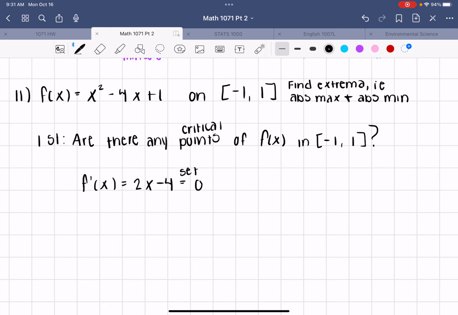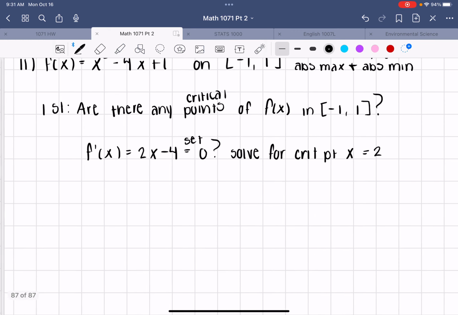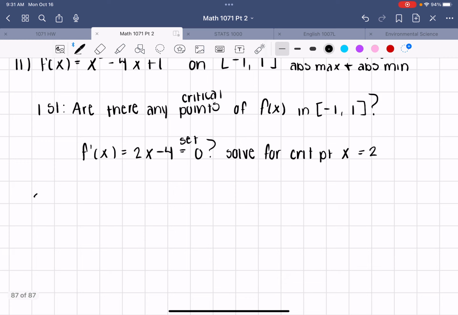Well, if I've done this right, my one critical point is not in the interval. So my only candidates are -1 and +1. And I want to find out what's the largest, what's the smallest. Plug them in. Arithmetic. F of -1 is -1 squared minus 4 times -1, add 1.